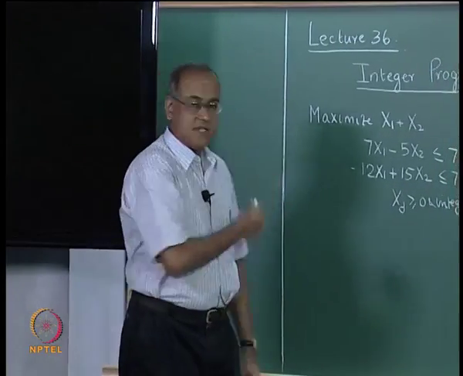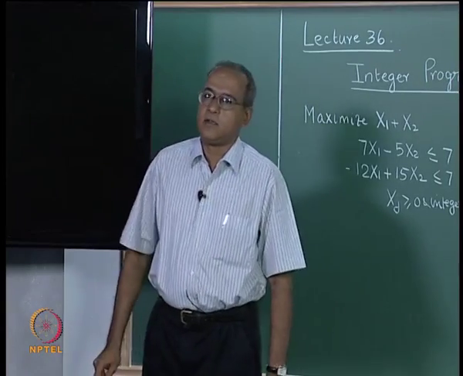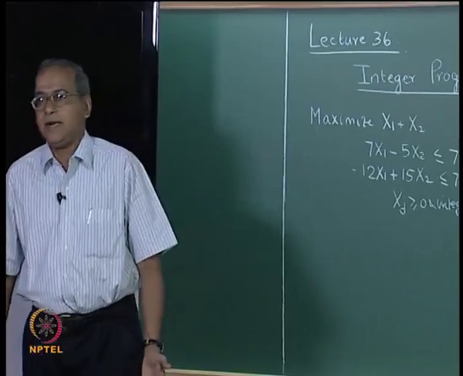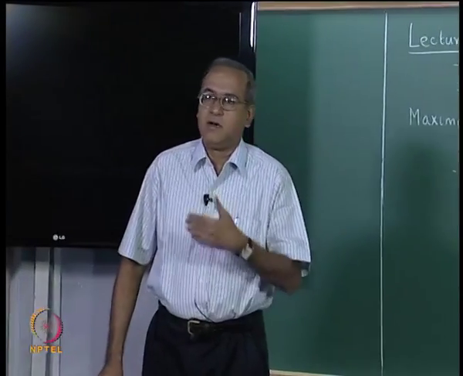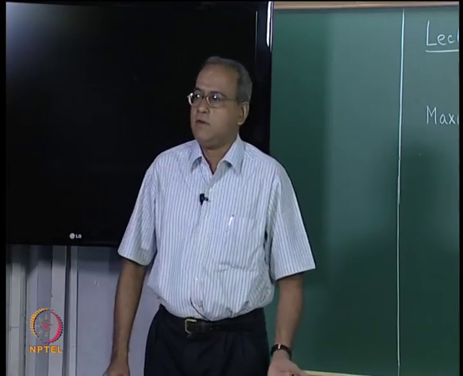Now in this lecture and in continuing lectures we will also look at algorithms that address mixed integer programming problems in addition to revisiting the all integer algorithms that we have already seen.